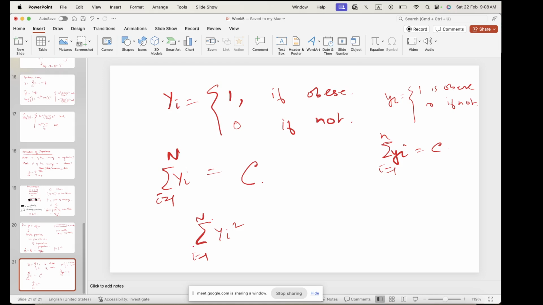This is also going to give me capital C, or I could also write this as capital N into P, because capital P is C by N, right?